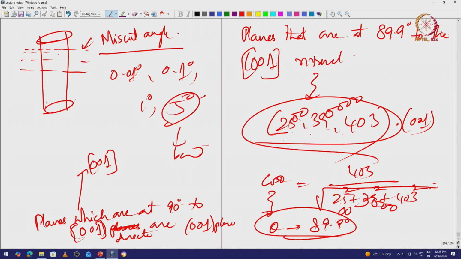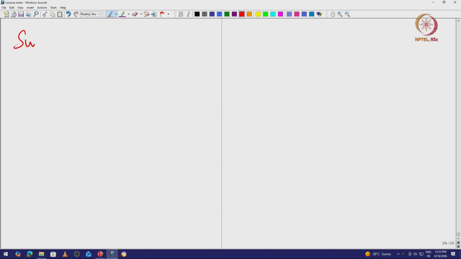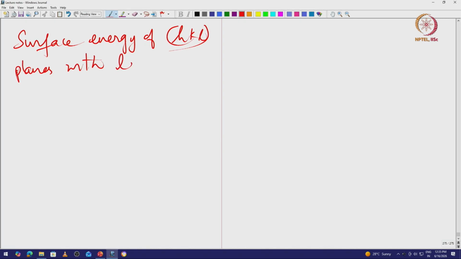As a result, if they have high Miller indices, they are going to be very energetic planes. So the surface energy of HKL planes with large HKL is not the least surface energy, it is actually large.